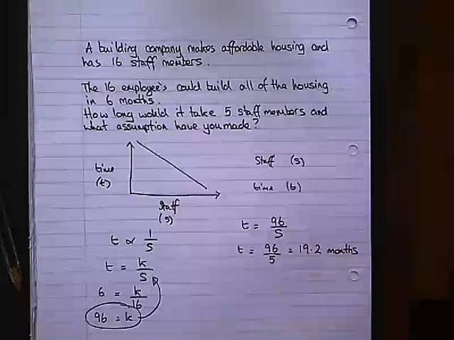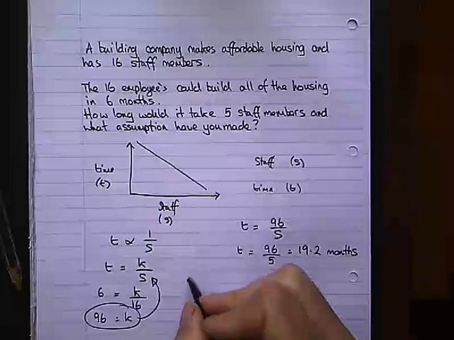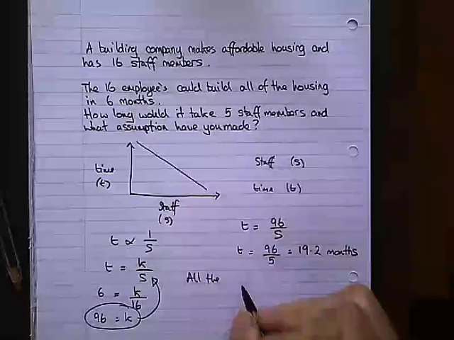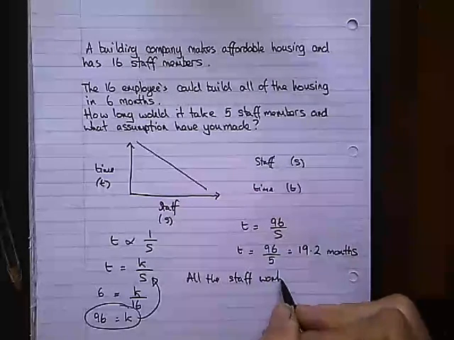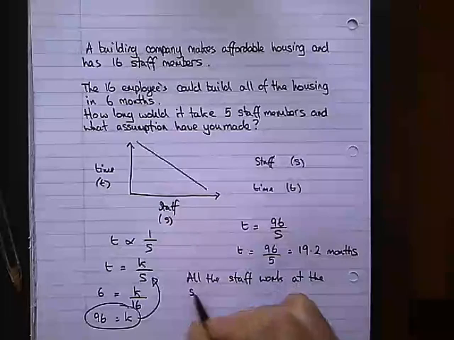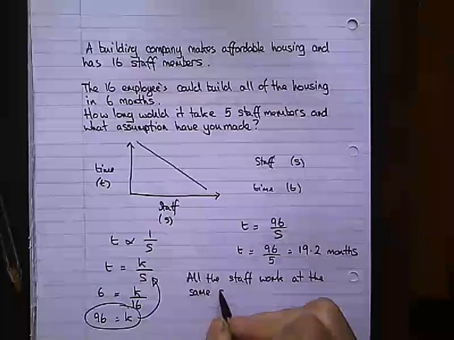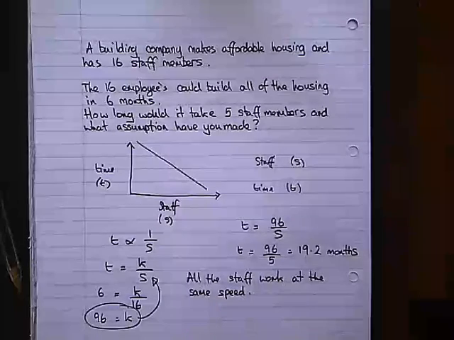Okay, so the time it takes is 19.2 months. The assumption we've made, all the staff work at the same speed. Okay, and then it won't affect that equation at all.